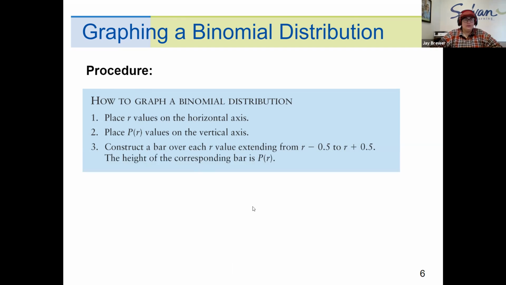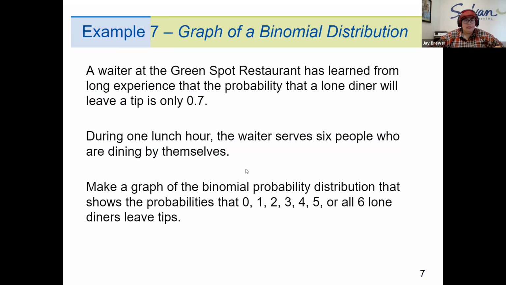You want to remember to construct a bar over each R value extending from R minus 0.5 to R plus 0.5, and the height of the corresponding bar is P of R. So you guys can see that everything's kind of building on itself.